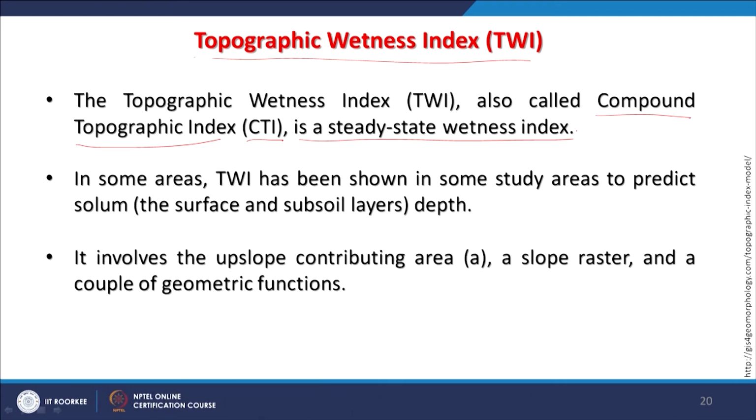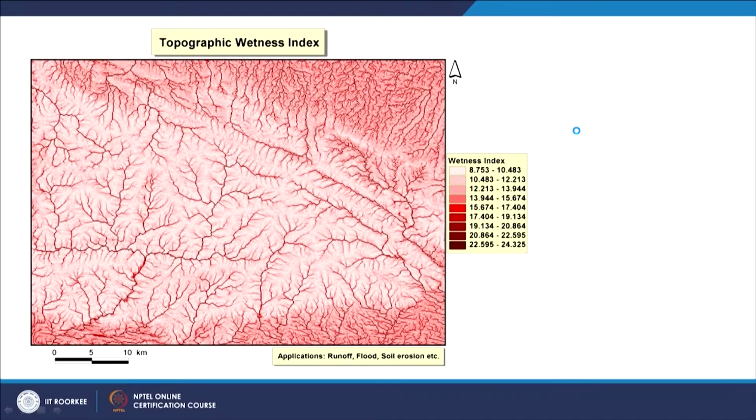It involves the upslope contributing area, that is the A slope raster. Of course, you already have a slope map derived through a digital elevation model, and a couple of geometric functions. This is the output based on the same digital elevation model, showing the topographic wetness index.